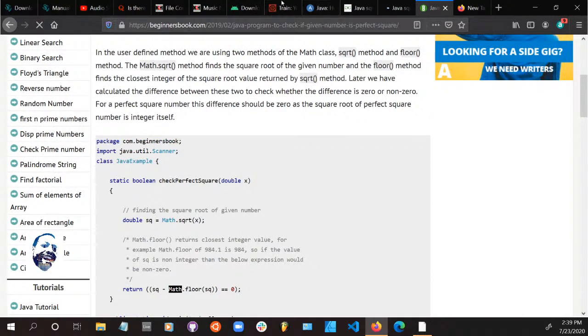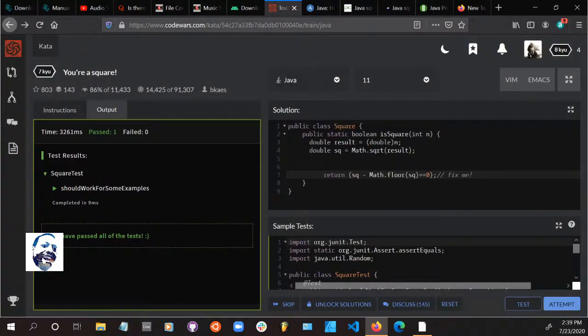So coming back here, of course, I had to know that I needed to instantiate some variable, because this method uses a double and not an integer, which is so aggravating about Java.